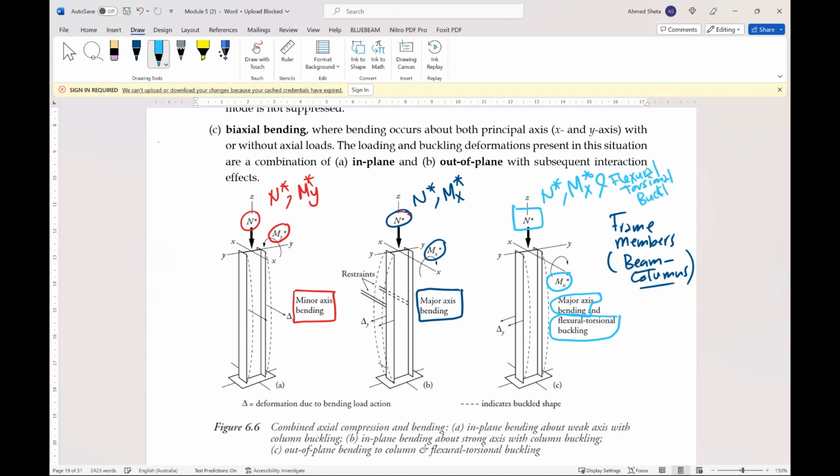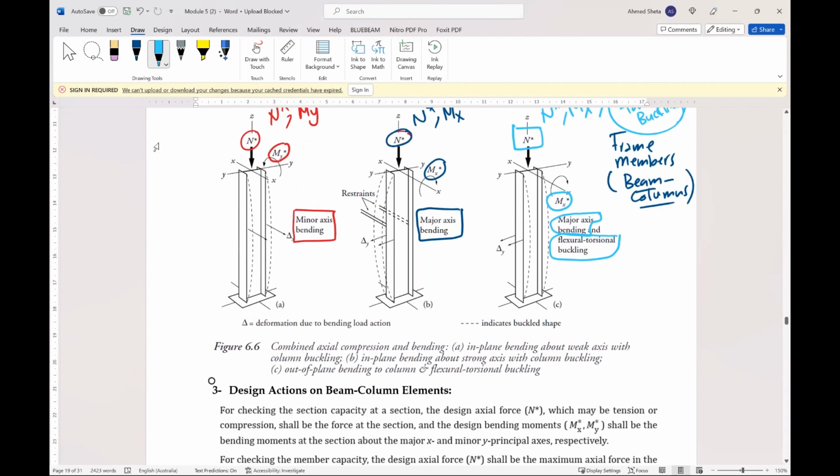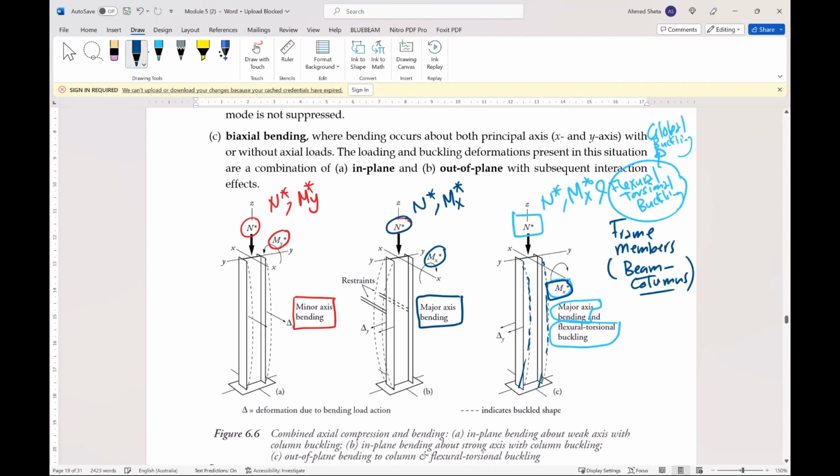The flexural torsional buckling is also called global buckling or global behavior because the total length of the column has buckled. As you can see here, we have moment about Mx, but the buckling happened about the minor axis. So this can be translated to My.